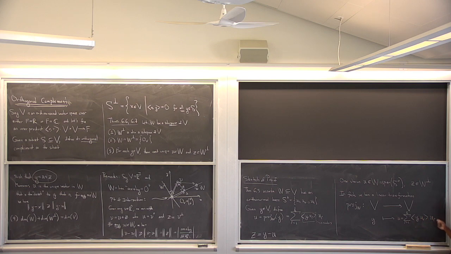Right, so again, this here is a linear transformation, and one shows that the range of such a transformation is W, and the null space of such a transformation is W perp.